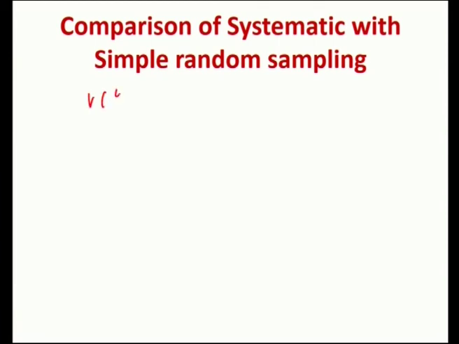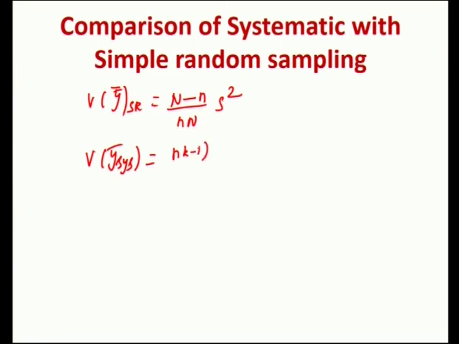The variance of y bar in simple random sampling is given by (N minus n) by N into n, into S squared, and in systematic sampling the variance is obtained as (nk minus 1) into S squared by n squared k, into 1 plus (n minus 1) into rho.